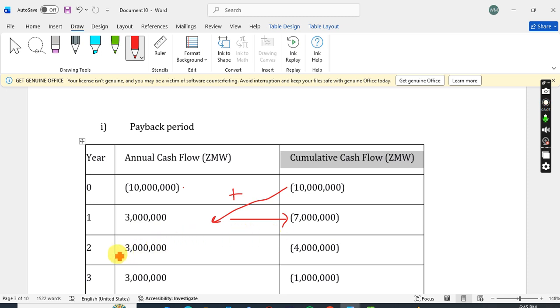You go to year 2, you put in another 3 million. Then you say negative 7 million plus 3 million, you get negative 4 million.